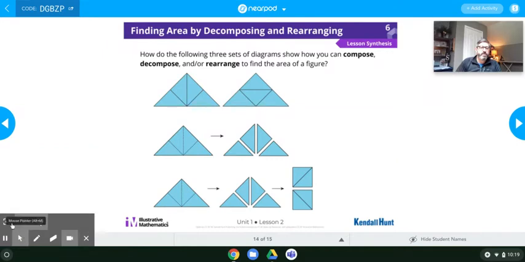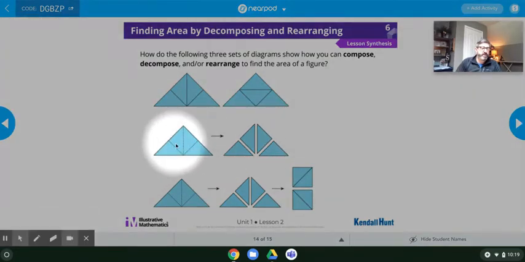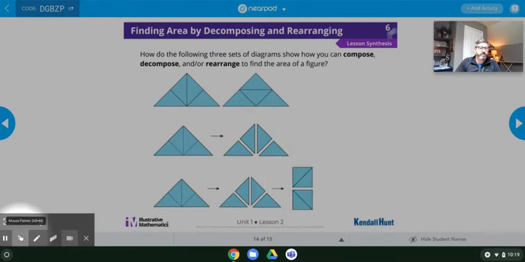Then right here, we've got the big triangle again, composed of those small triangles. We can break those apart to find the area of those smaller triangles, say if we know the area of the big one. And down here, we rearrange them to give us the area of those squares.